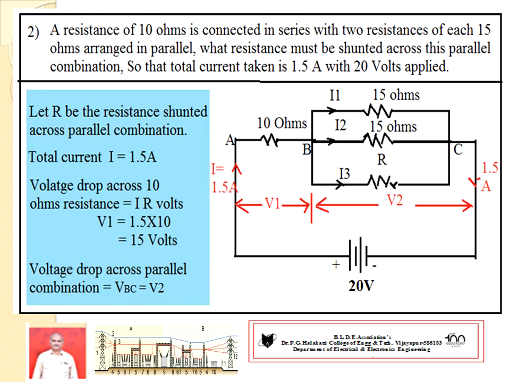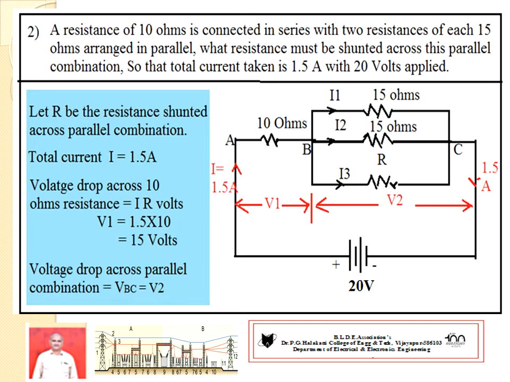Problem number 2. Again it is similar to the previous one. A resistance of 10 ohms is connected in series with two resistances of 15 ohms each arranged in parallel. What resistance must be shunted across this parallel combination so that the total current taken is 1.5 ampere with 20 volts applied?